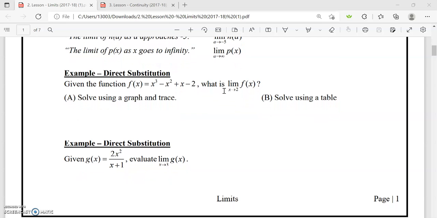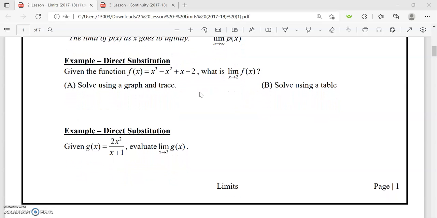When we start looking at limits, the first thing we learned was that we can just use direct substitution. Given this function, x cubed, it kind of goes up and over and up again. We're asking, what is the limit as x approaches 2? That's saying, let's go to the graph at x equals 2.